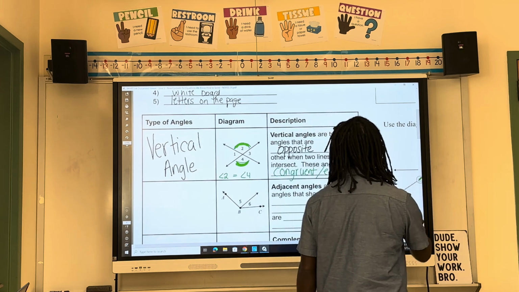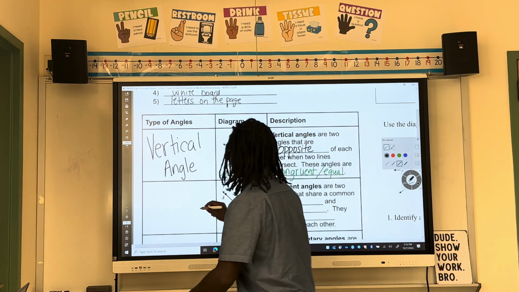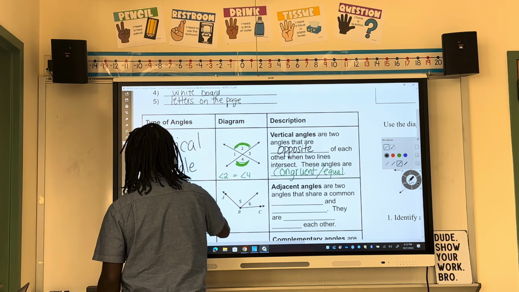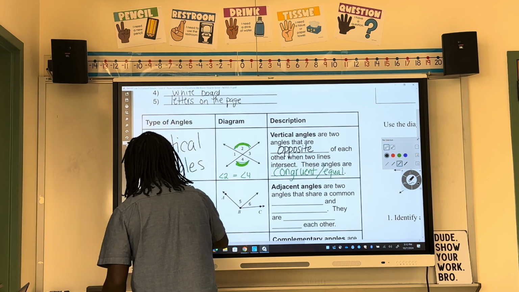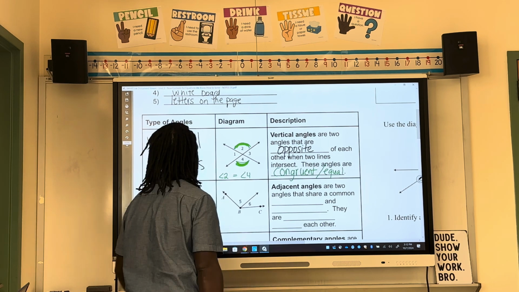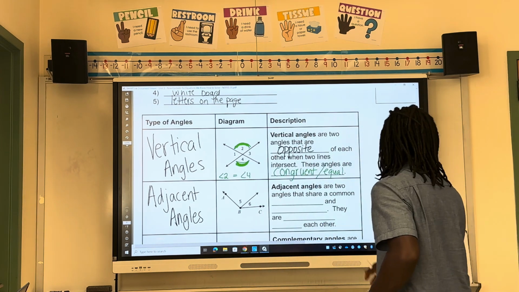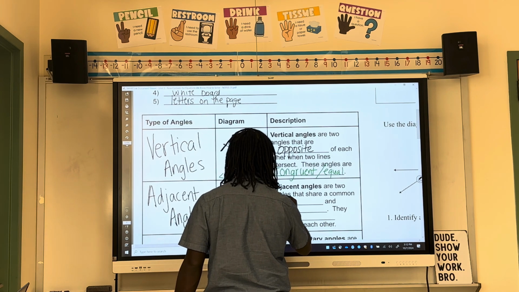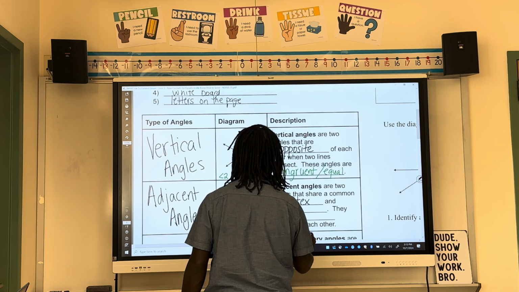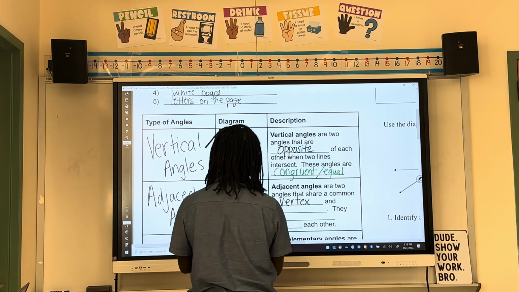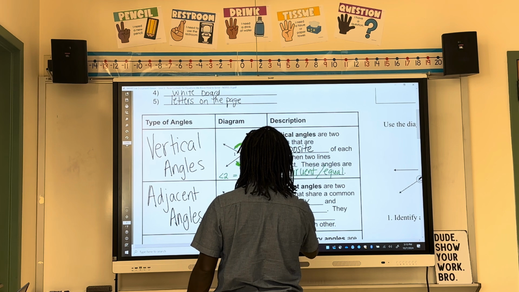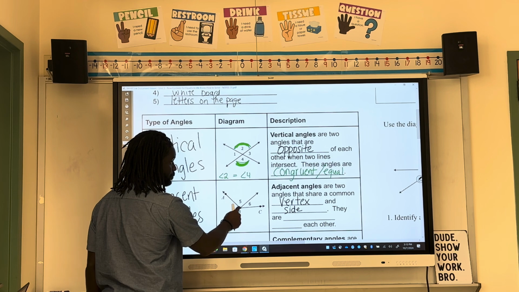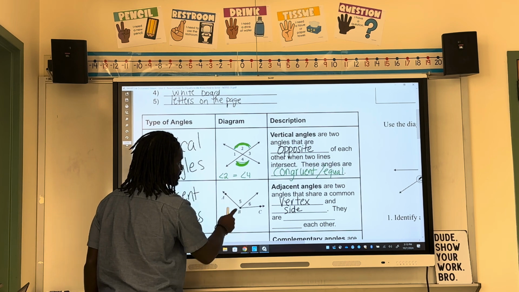The next type of angle is adjacent angles. Adjacent angles are angles that share a common vertex and a side. So here, they both have this common vertex, this point, and then they also share this same side right here.